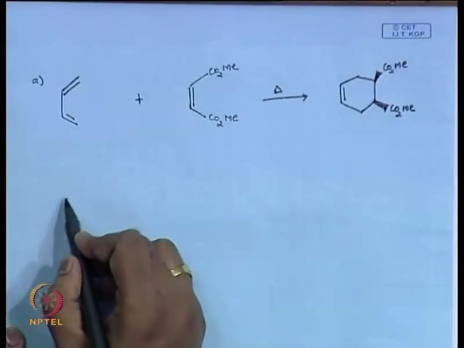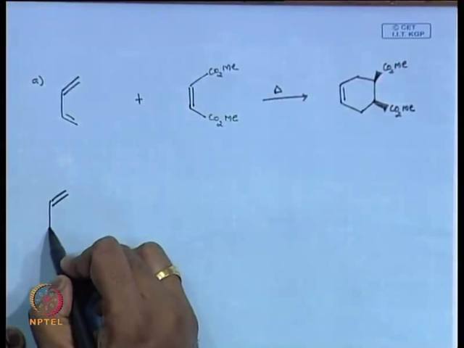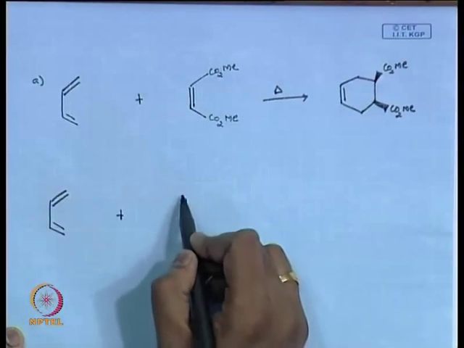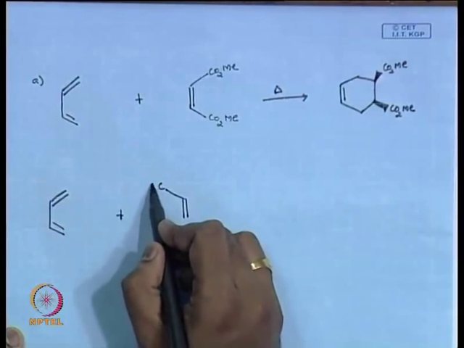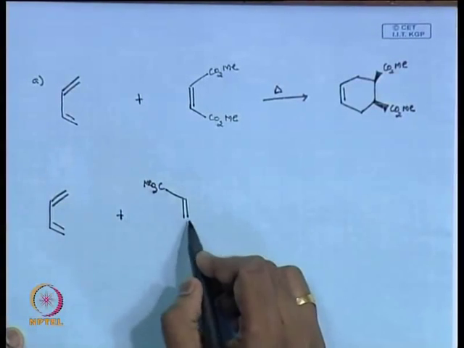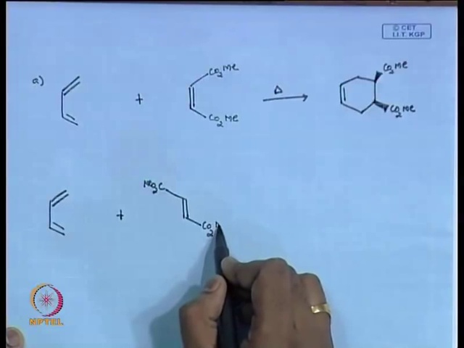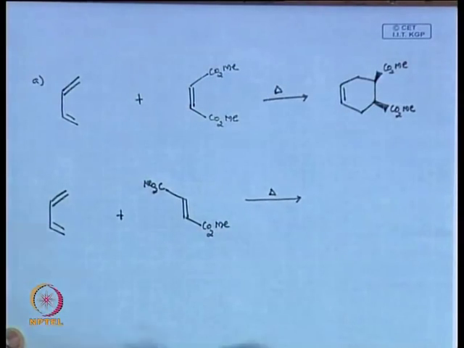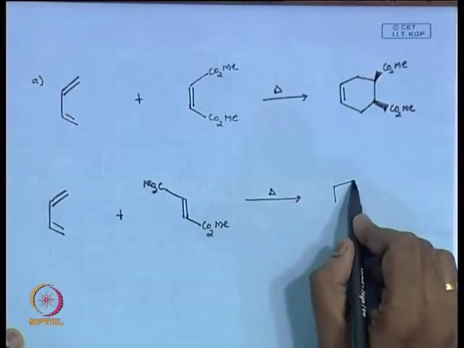In the same way, if I take the same diene and treat it, instead of cis, with a trans, again you have a selectivity.